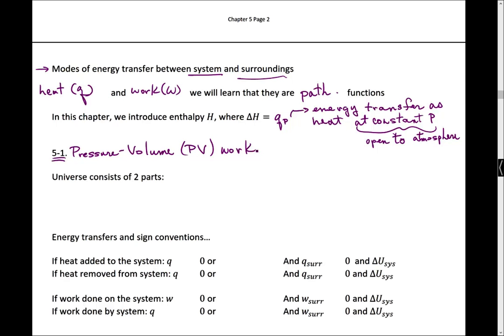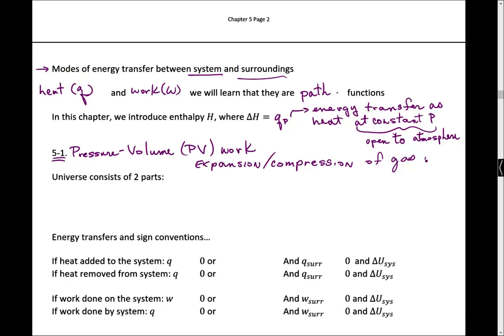And again, because we're talking primarily about ideal gases, this really is discussing expansion and compression of a gas. Okay? All right.